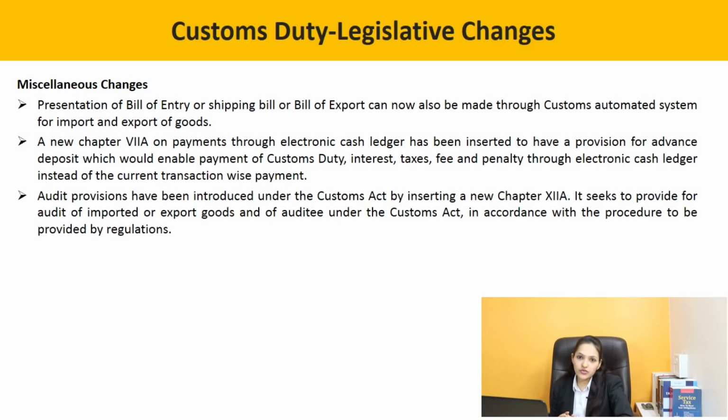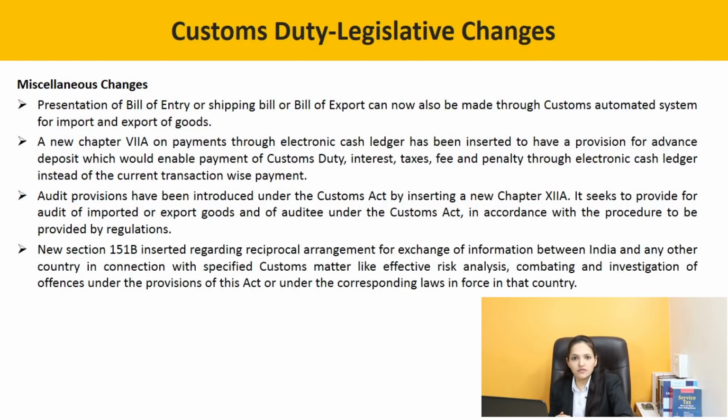Audit provisions have been introduced under the Customs Act. By inserting a new chapter 12A, it seeks to provide for audit of imported or export goods and of auditee under the Customs Act in accordance with the procedure to be provided by regulation.